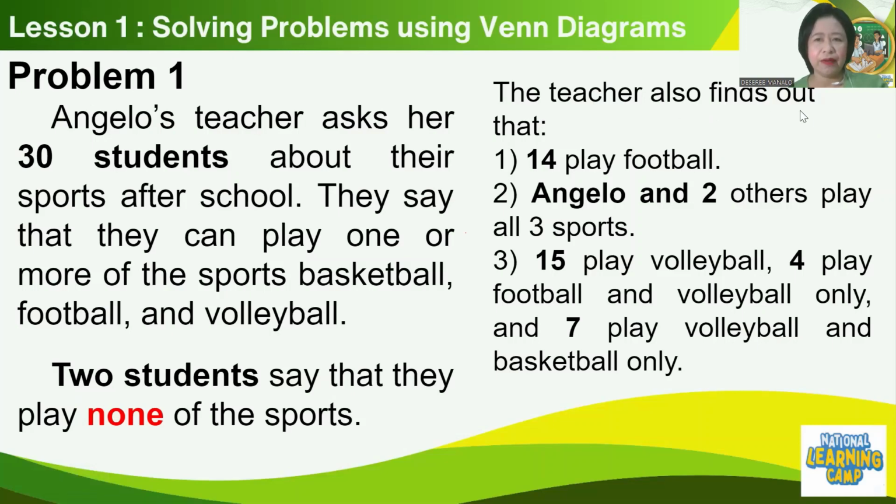The teacher also finds out that number 1, 14 play football. Number 2, Angelo and 2 others play all 3 sports. Number 3, 15 play volleyball. 4 play football and volleyball only. And 7 play volleyball and basketball only.